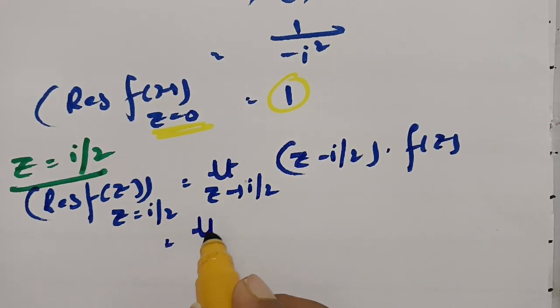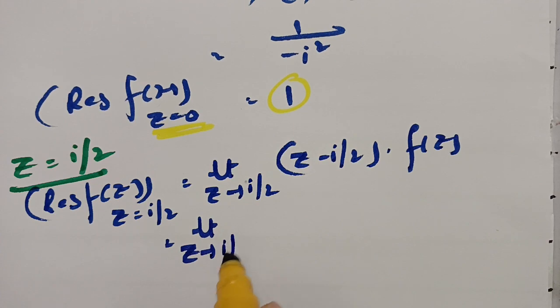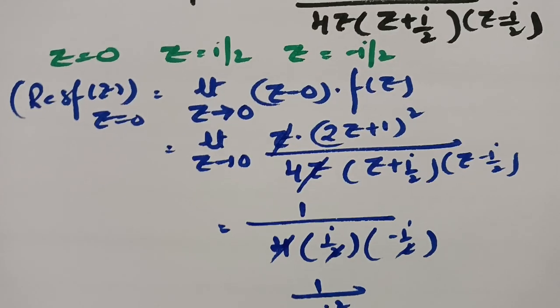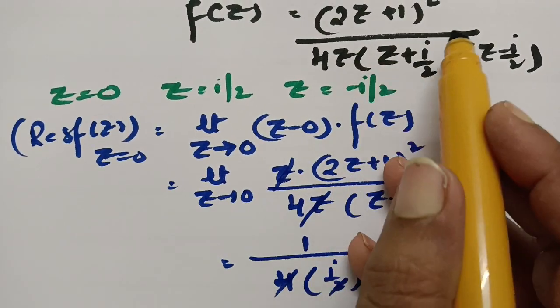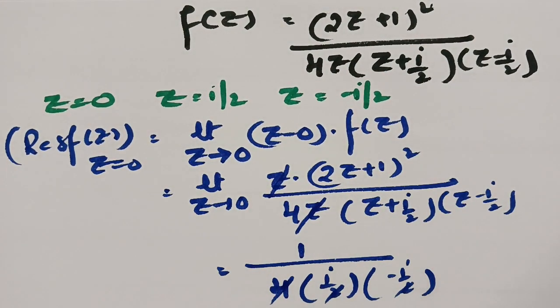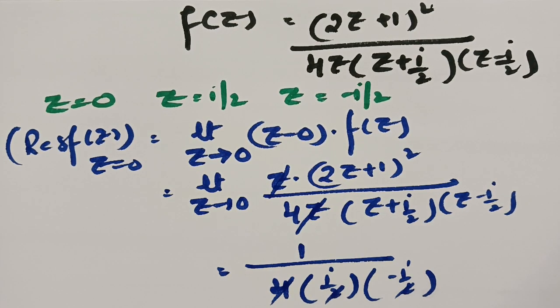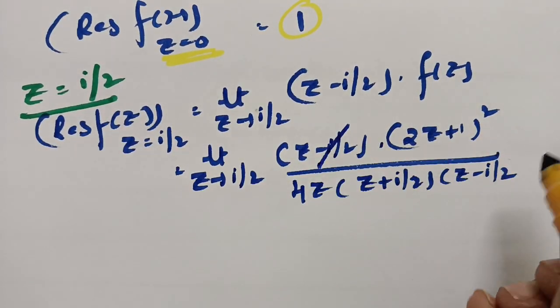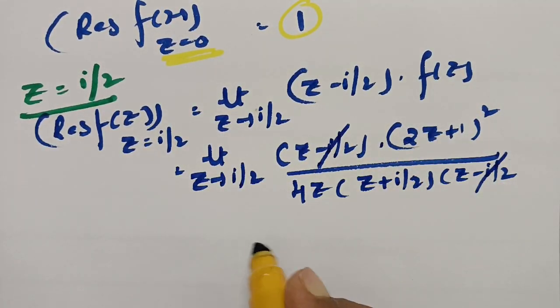This is (2z plus 1) whole square by 4z into (z plus i by 2) into (z minus i by 2). After noting this f of z value, I can cancel these and substitute i by 2 in place of z.